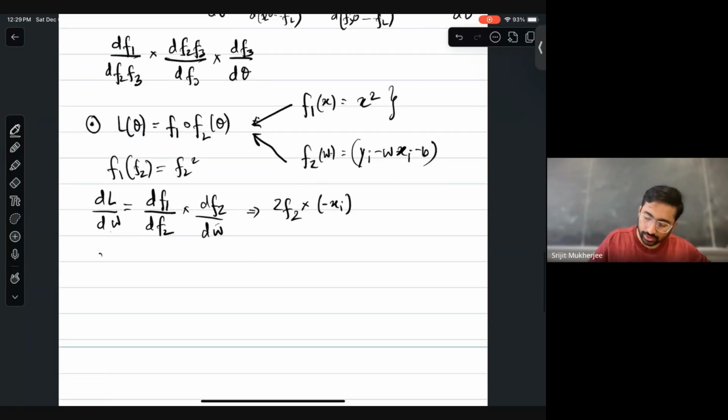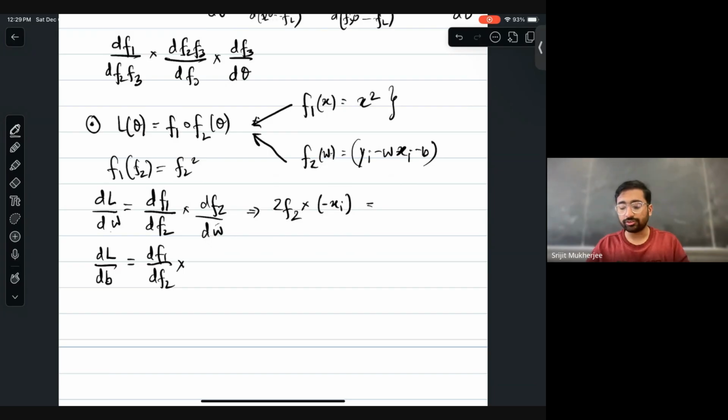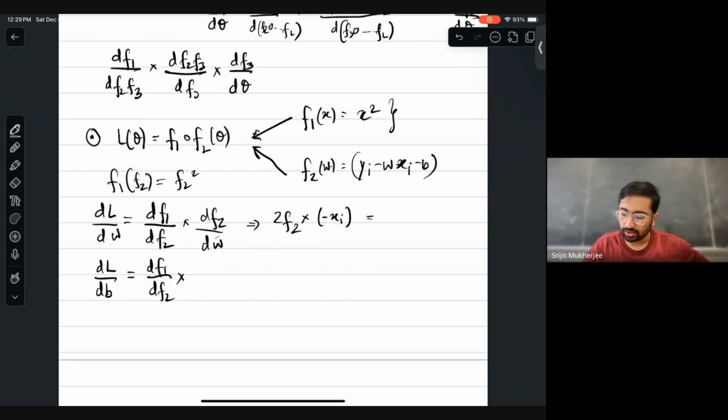Now we also have to do dL by db. Again the same thing, df1 by df2, which will give 2 f2. So first of all, you have to write it in terms of w and constants. So 2 times yi minus w xi minus b, times minus x1.